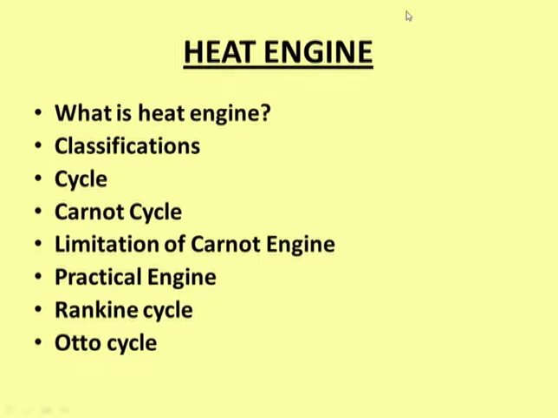Then we learned the Otto cycle, where there are two constant volume processes. Today we are going to take a small exercise on this Otto cycle. Then we will see the diesel cycle and an exercise on the diesel cycle.